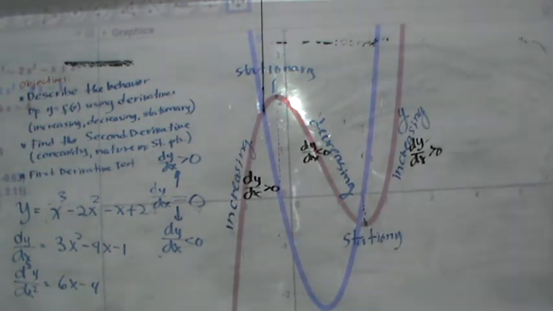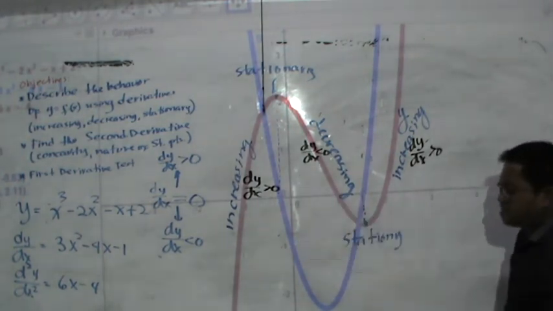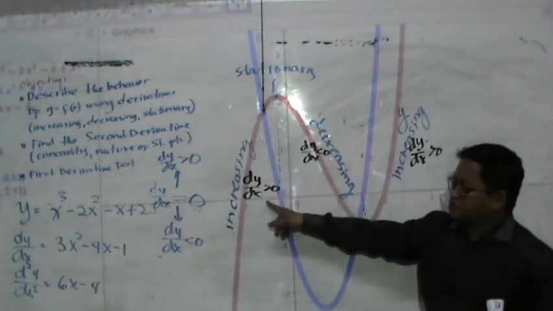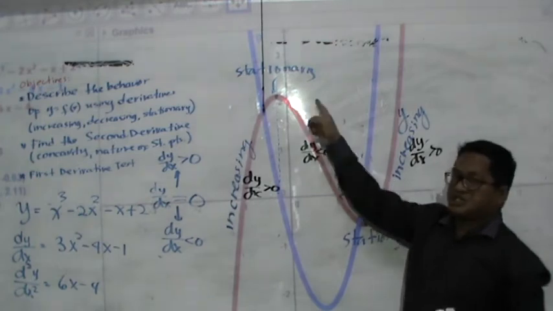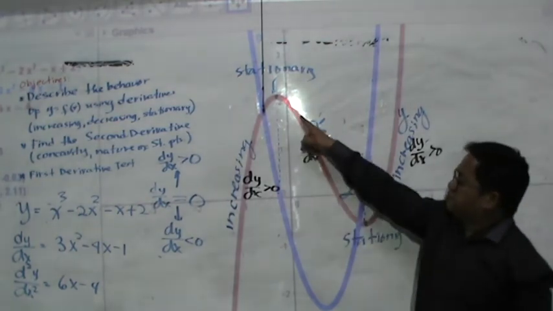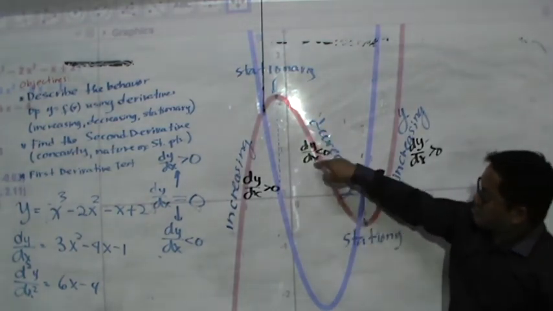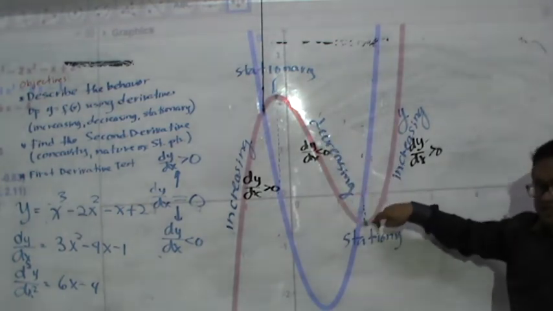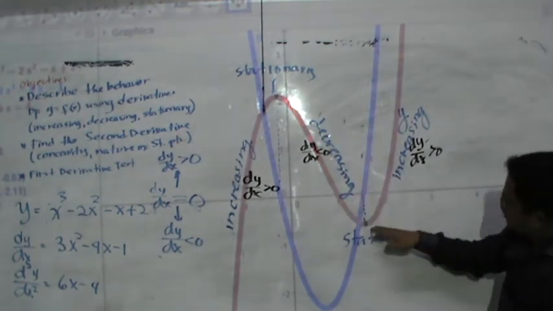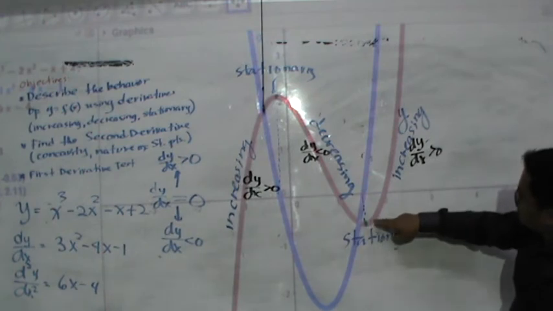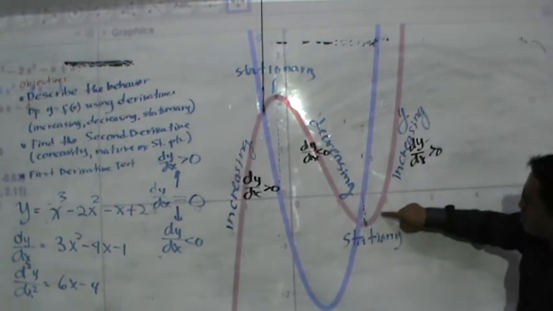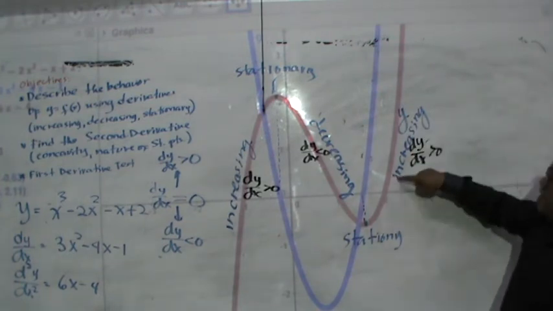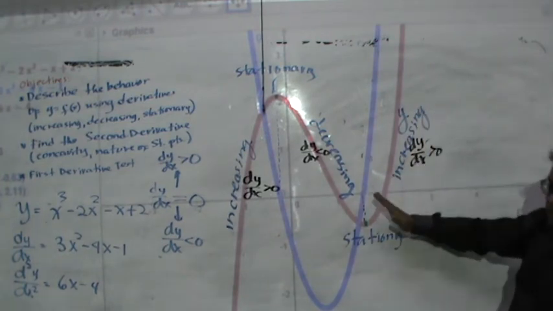So basically, we can see here that if the derivative of the function is greater than 0, we can say that the function is increasing. If the derivative of the function is less than 0, then you can say that the function is decreasing. Similarly in this one, the derivative is greater than 0 at this part, so we can say that it is increasing.